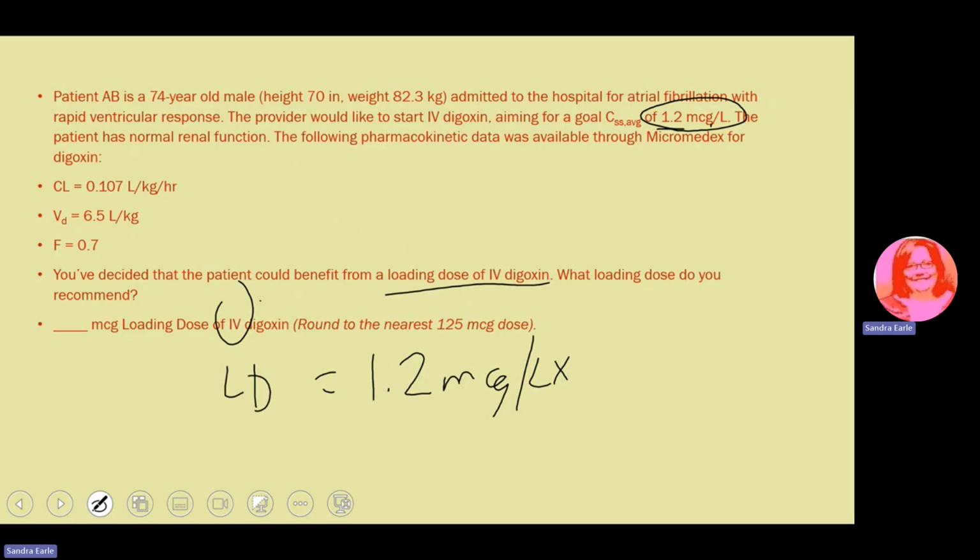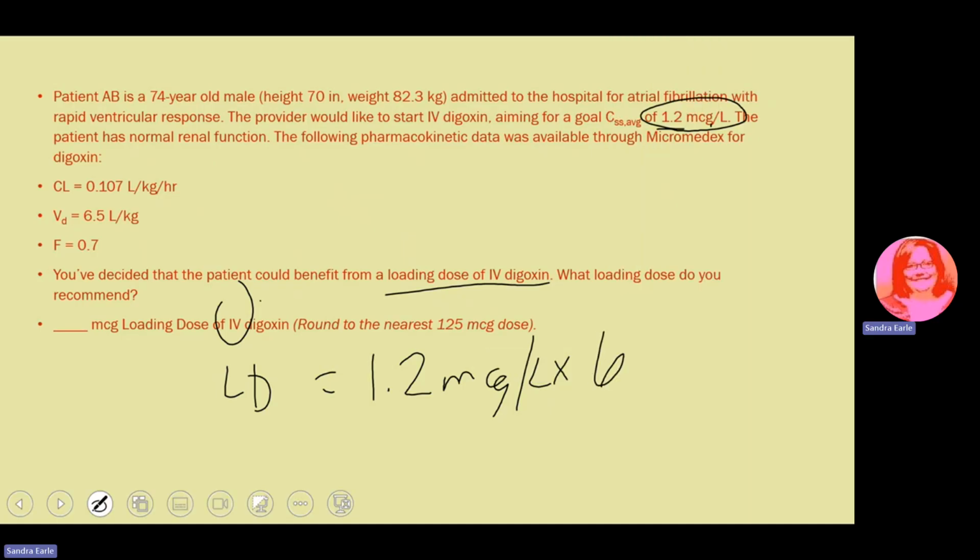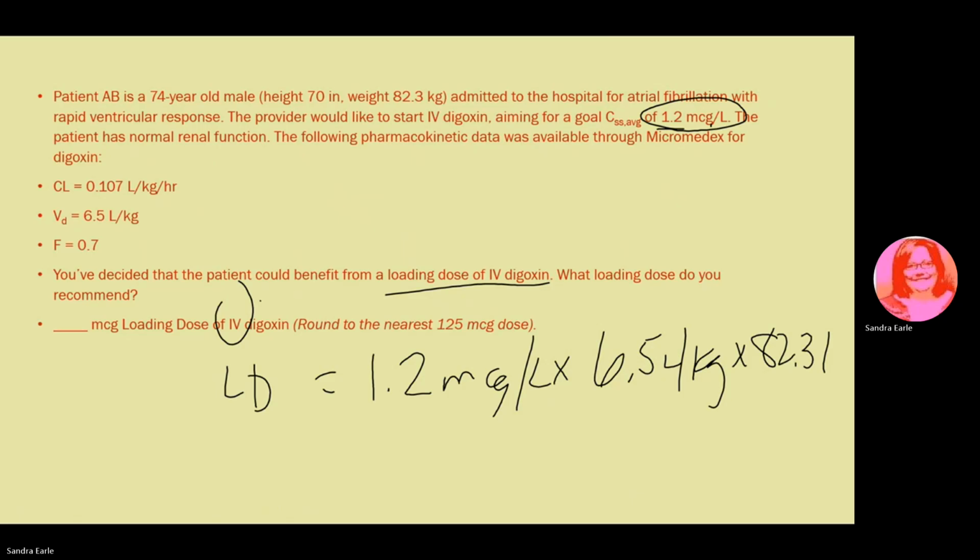So our volume is 6.5 liters per kilogram, and our patient weighs 82.3 kilograms. So the kilograms will cancel. We have liters and liters will cancel, and we have micrograms, which is an appropriate loading dose.